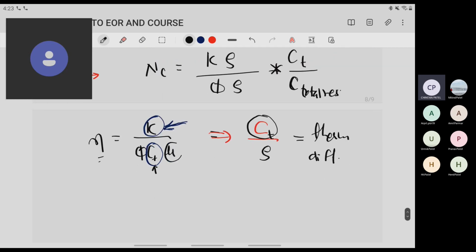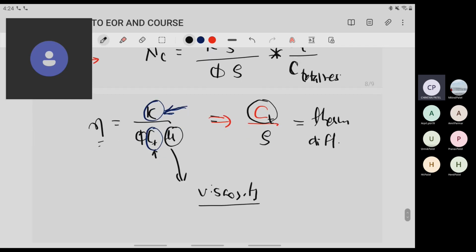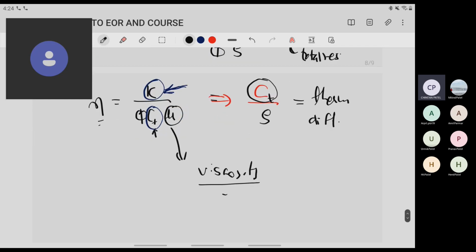If I replace this viscosity by rho, sorry, viscosity divided by rho is kinematic viscosity. Viscosity divided by density is kinematic viscosity.